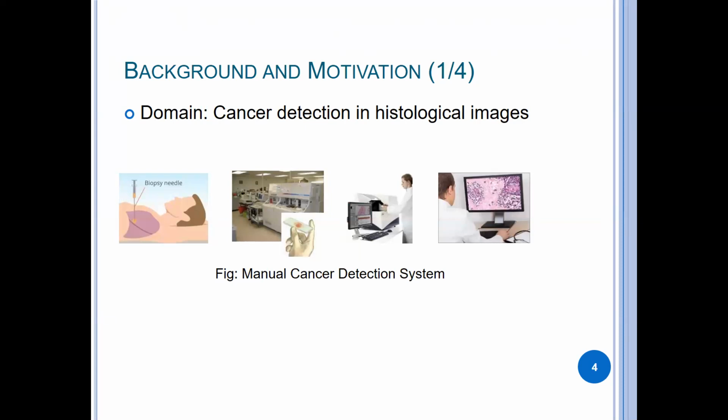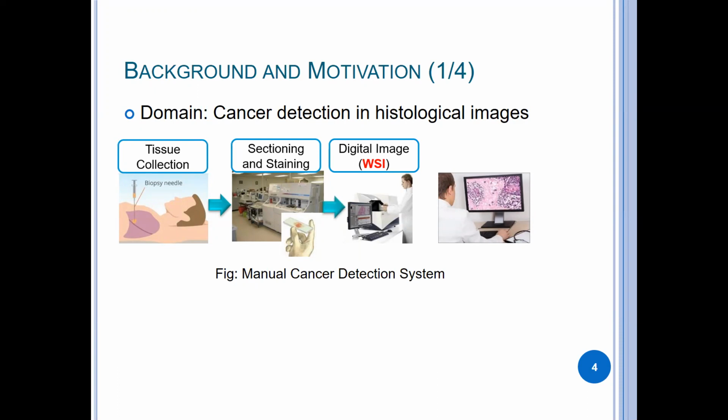This is a domain-specific study, and the domain is cancer detection in histological images. Here are the steps in a manual cancer detection system. Pathologists collect a tissue sample from the patient. Then they do sectioning and staining to give contrast of color to the tissue sample.